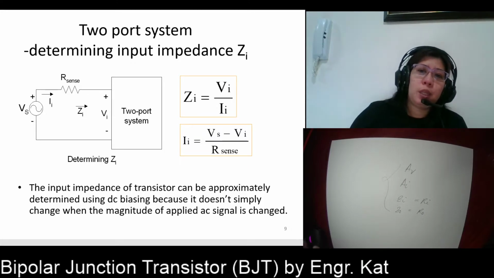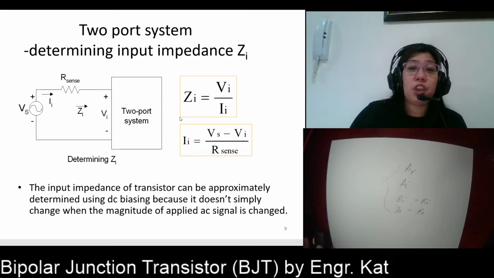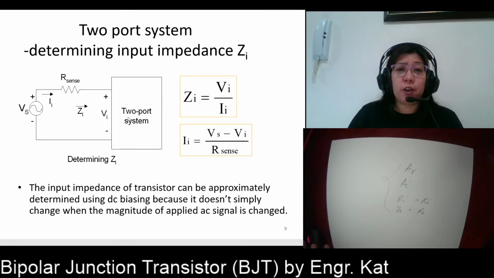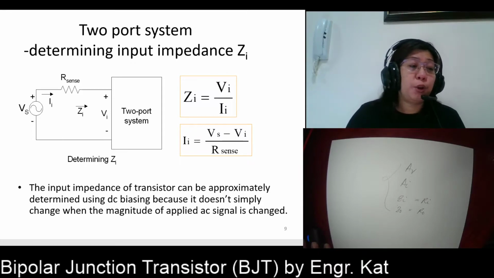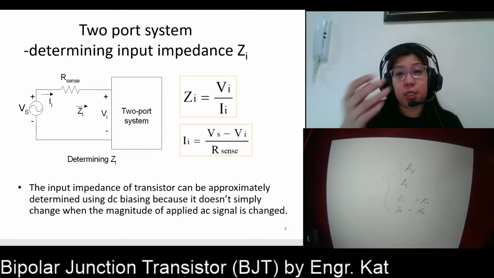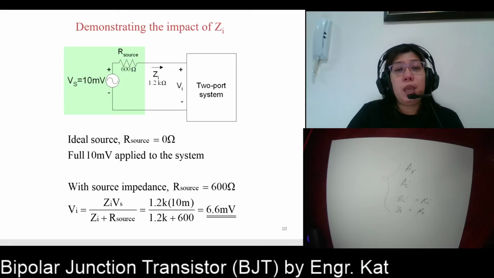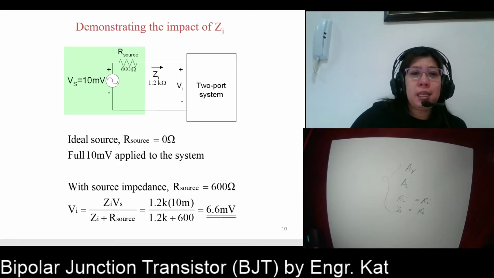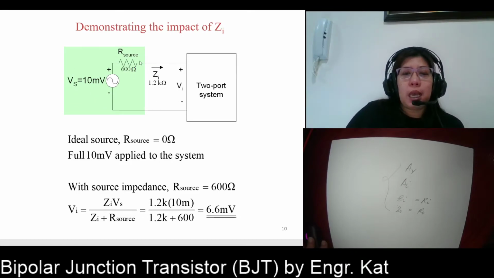So all of these parameters here are AC. They are not the usual DC currents and voltages that you measure using DC voltmeters or DC ammeters.